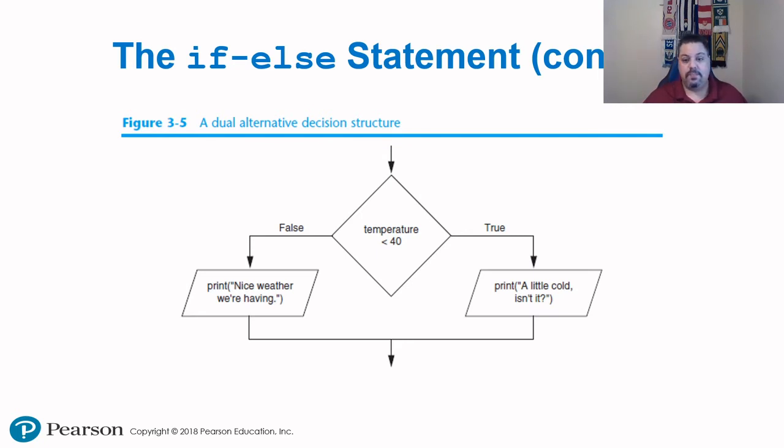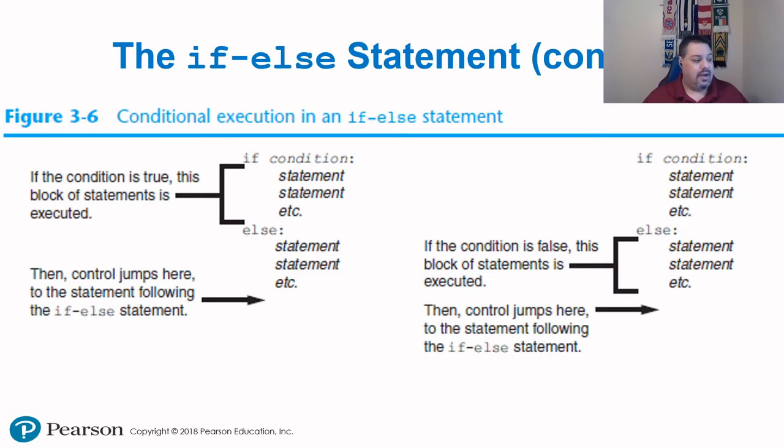Two alternatives there. So your block can look like this. Again, if, condition, colon, and then indented a bit, a bunch of statements, then come back out and say else, statement, statement, statement. Now, if that condition is true and you perform all of these statements in here, then after it's done, it ignores everything for the else, and your program continues on from down here.